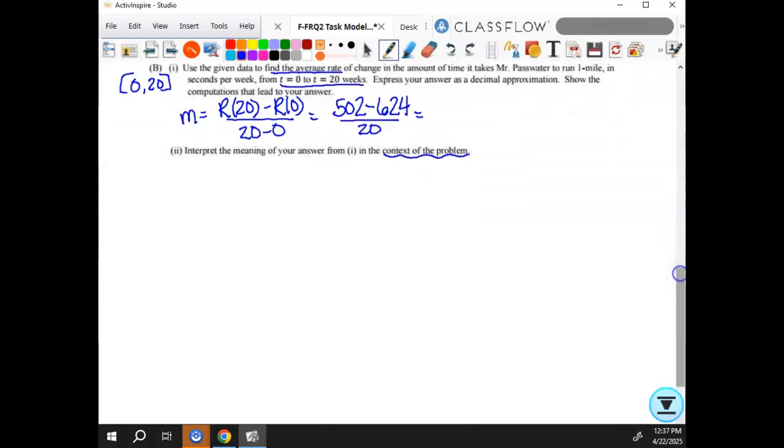So we could say something like Mr. P's runtime, because that's what we're looking at here. Is his runtime increasing or decreasing? Decreasing. The whole idea is that it decreases, right? Plus, even though I haven't found this yet, I can tell that that's going to be a negative rate of change. So that word decreasing is important. So Mr. P's runtime is decreasing.